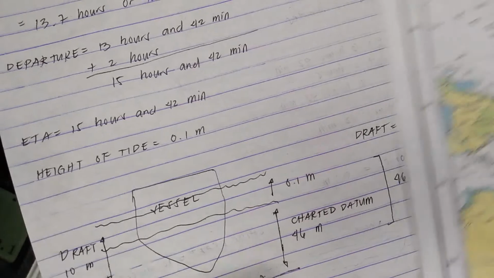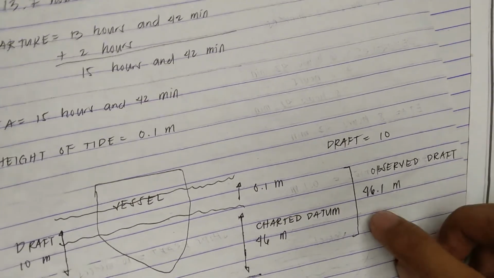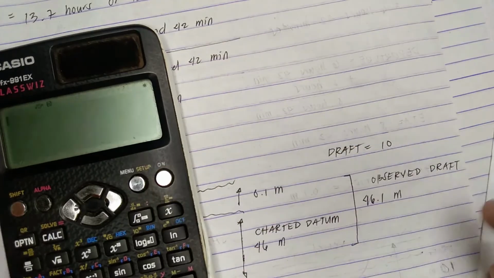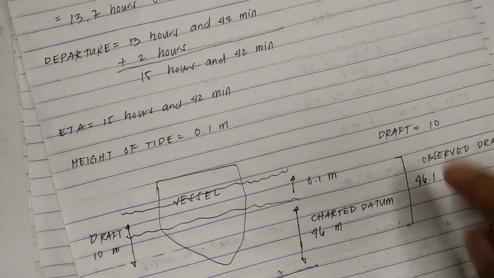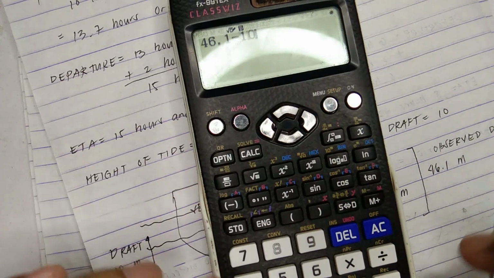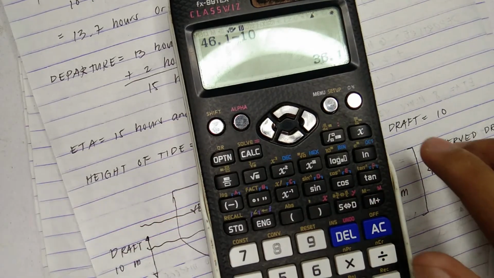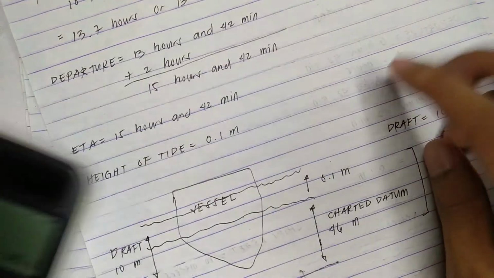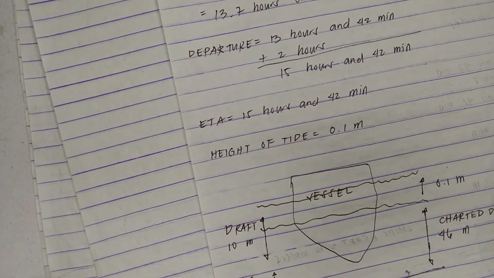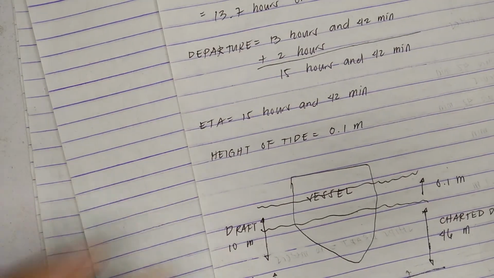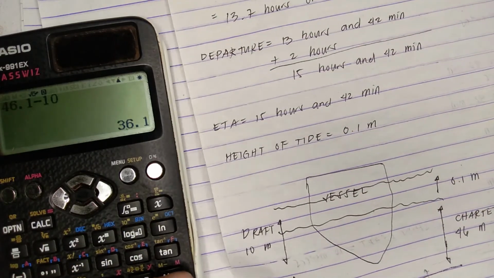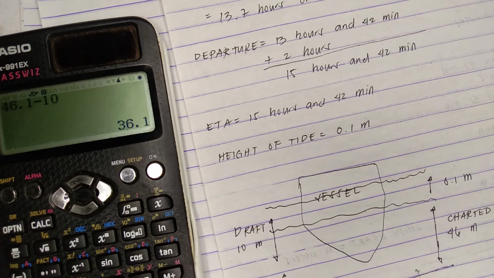Then we add this 46 meters to 0.1, so basically we have 46.1 meters, and still a draft of 10. 46.1 minus 10 is equal to 36.1. The 36.1 will be the under keel clearance of our vessel at that particular obstruction. So 36.1 will be the UKC in the Virac Bank.